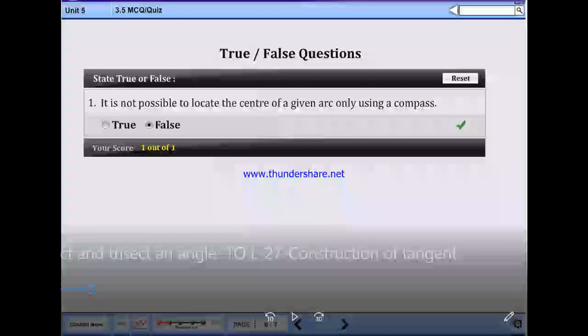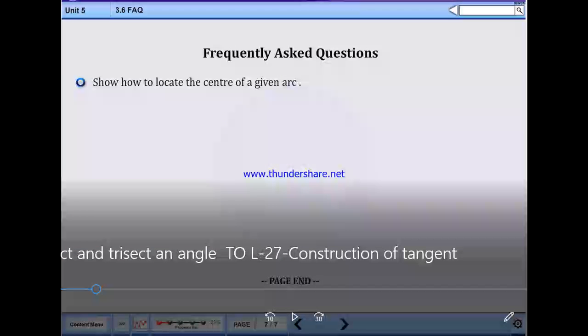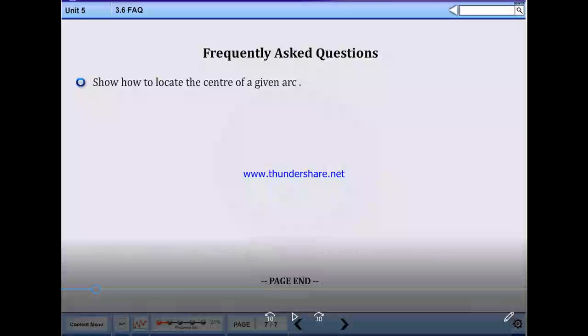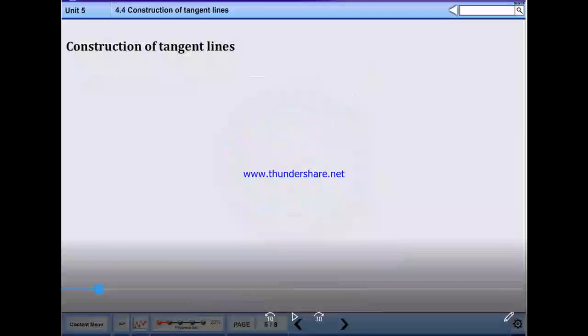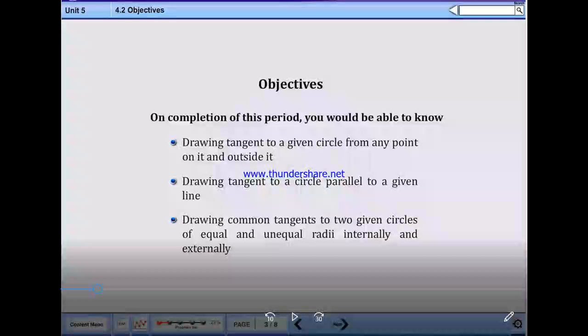Now, in this construction, after completion of this, we will get drawing tangent to a given circle from any point on it and outside it.